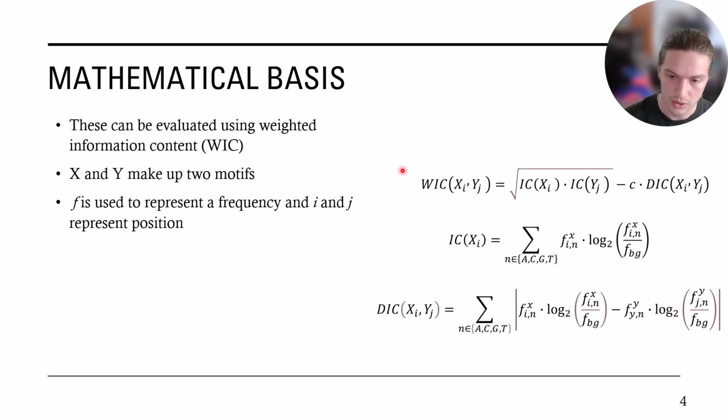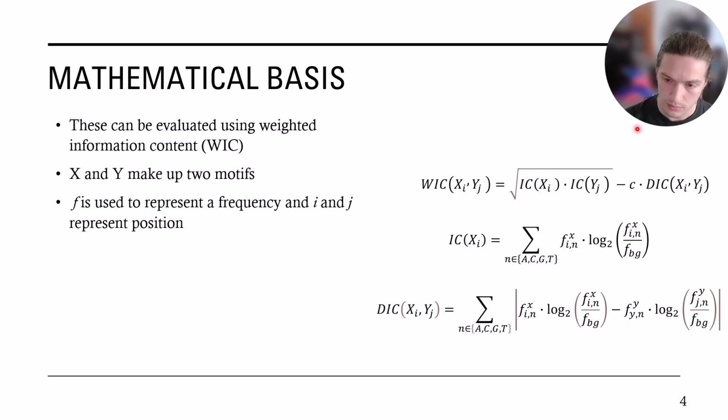To use this to compare two different motifs, we have our two motifs, x and y, and then two more equations, the information content and the differential information content, and then a constant c. This can be tuned to how much you want to punish differences between nucleotides in x and y. GimmeMotifs uses a constant of 2.